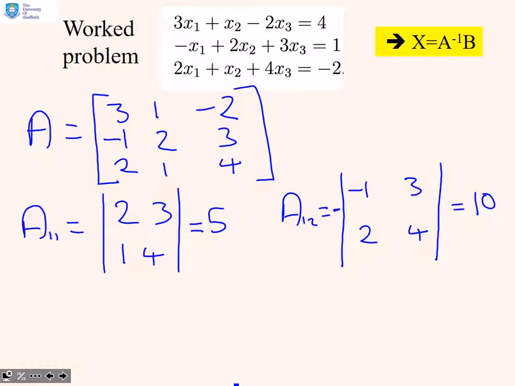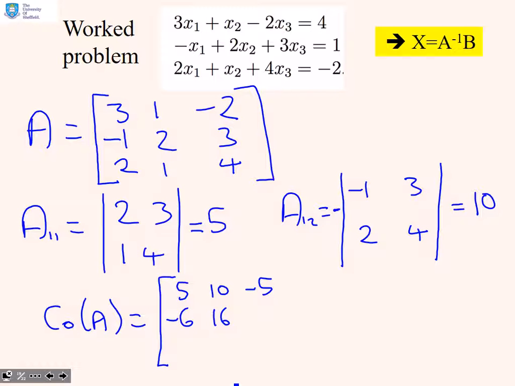Now I can do this for all of the things, but I won't waste your time watching this video. So if you do that, the cofactor matrix you're going to end up with is 5, 10, minus 5, minus 6, 16, minus 1, 7, minus 7, and 7.